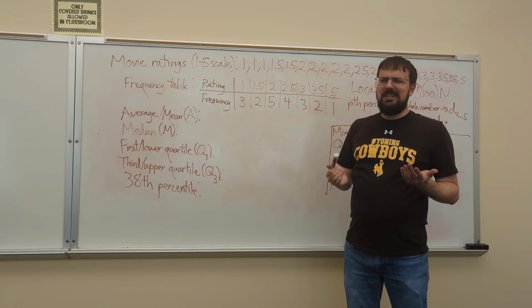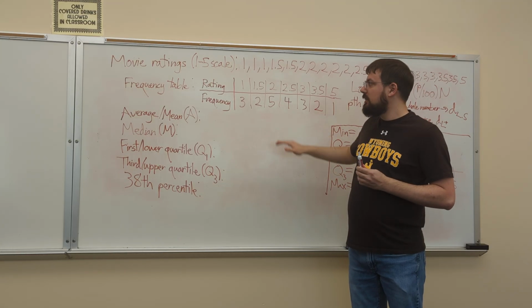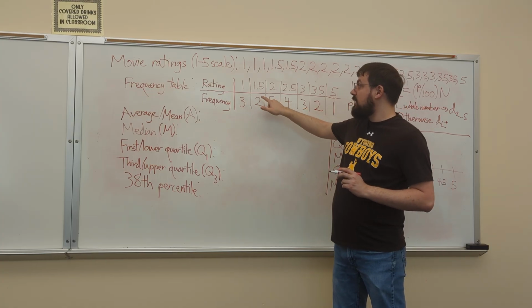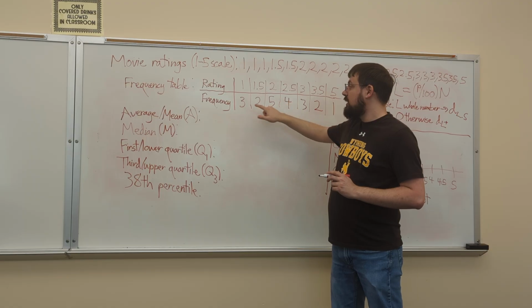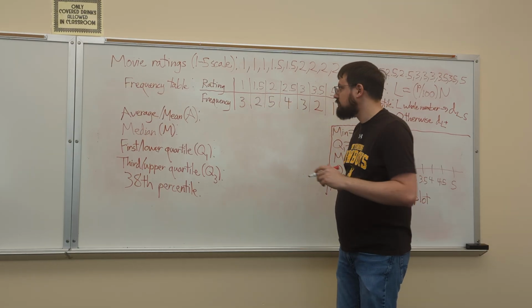A potentially easier way to do this would be by using our frequency table. So what we can do is take each of these ratings or different values that show up and multiply them by their frequencies and then add all of those up to get our total.